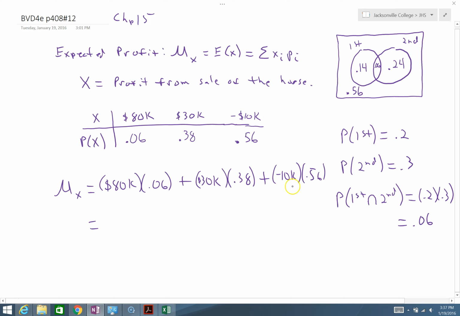So multiplying each one of these and summing, I come up with 10,600. This is our expected value.